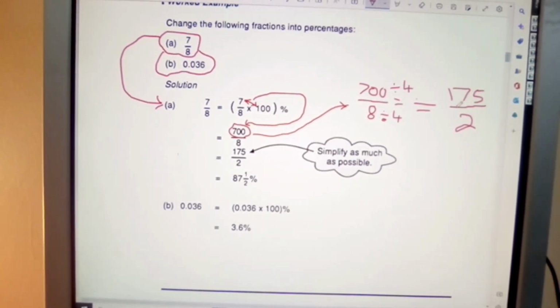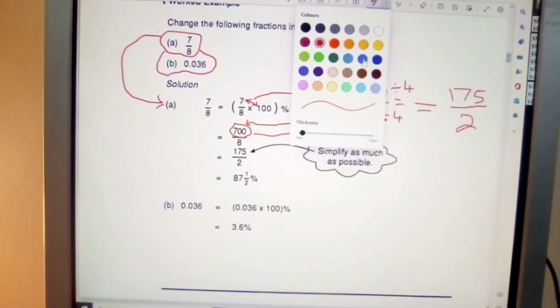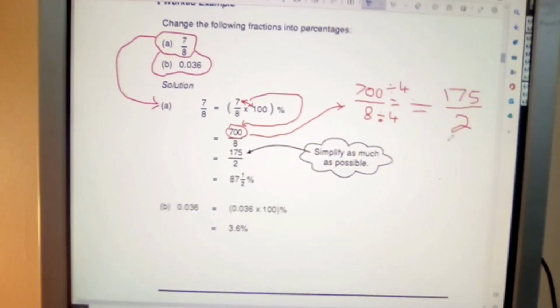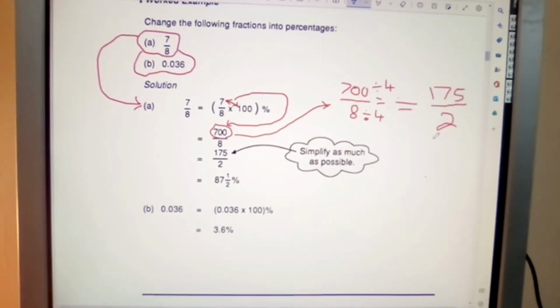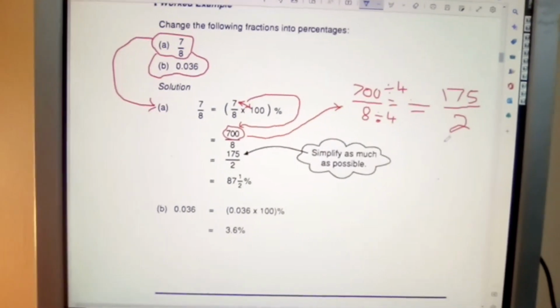Which is now this, which is, let me just change my colors. Give me blue, okay?